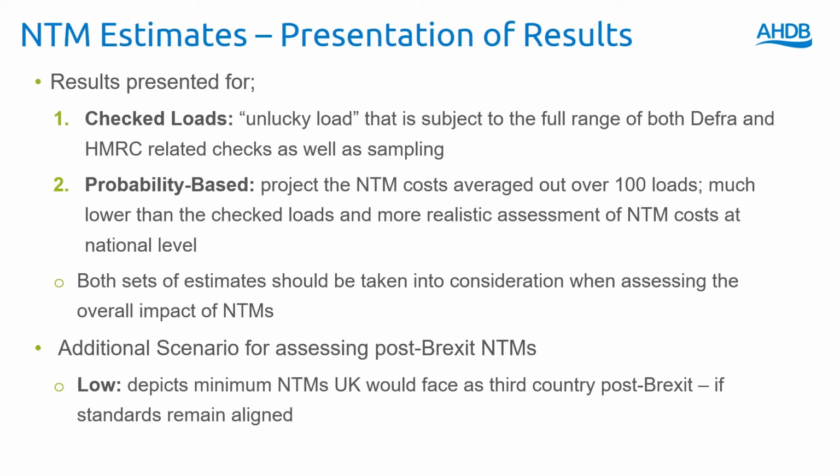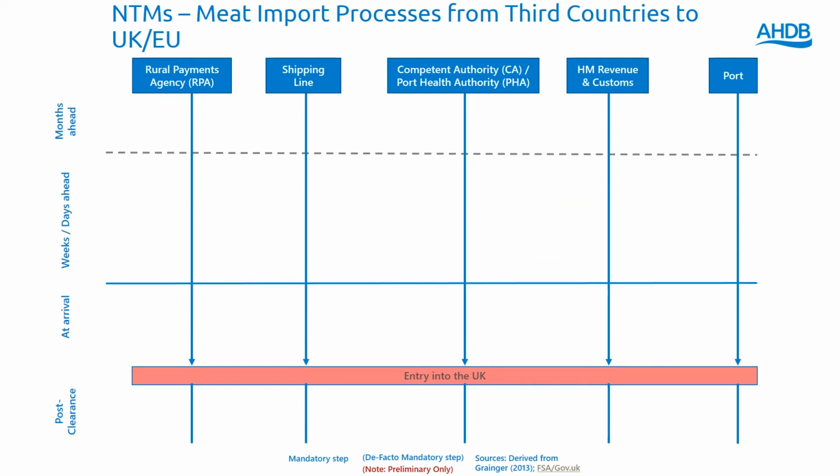So what does all of this mean in practice? Here we're just depicting the typical meat import process from a third country. Brazil is being used in this context into the UK as part of the EU28 as things stand at the moment.